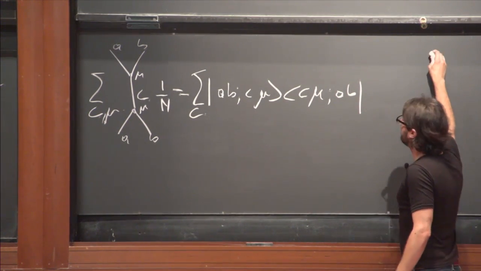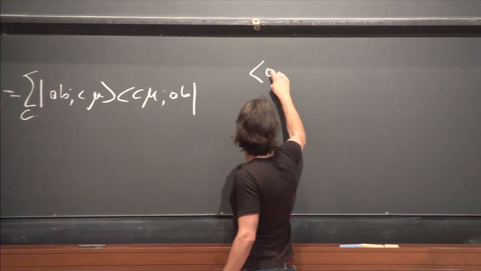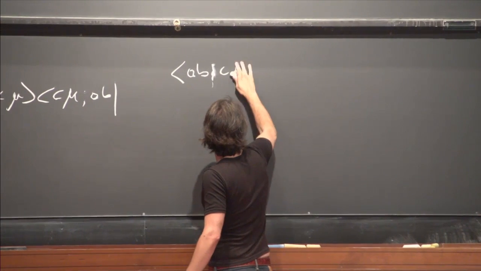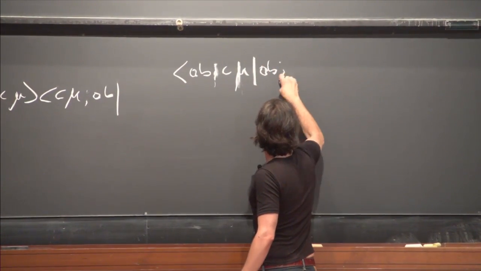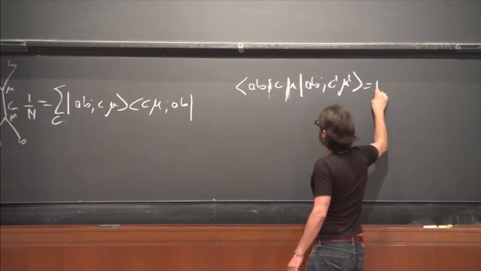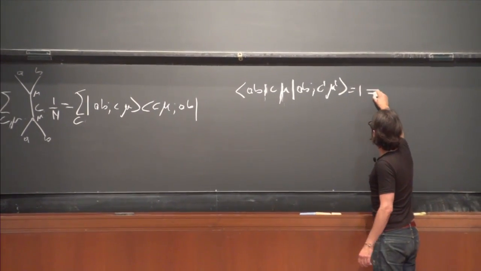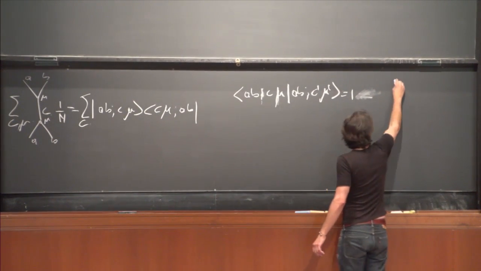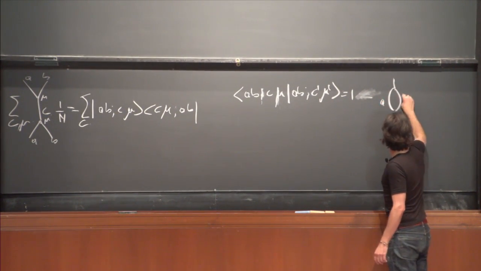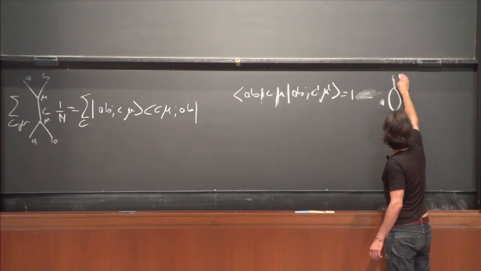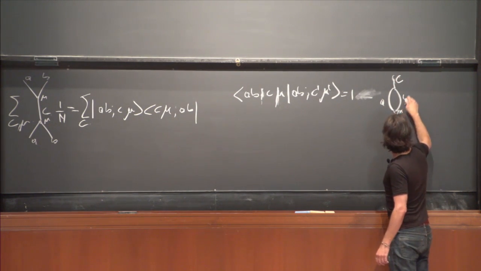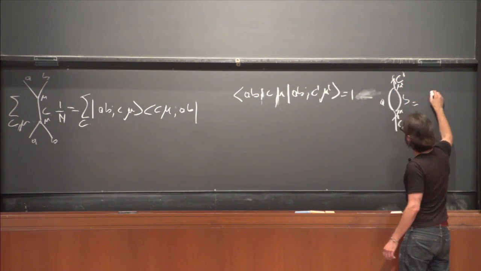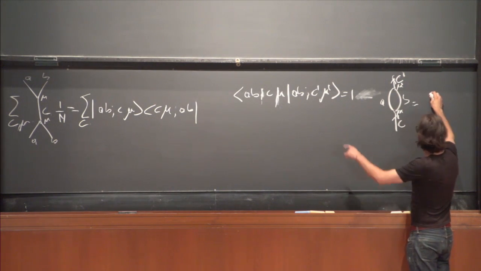The other thing that I'm going to use is orthonormality. Which just diagrammatically means that this diagram is diagonal in the C and C prime particles. And it's obviously diagonal up to a norm.